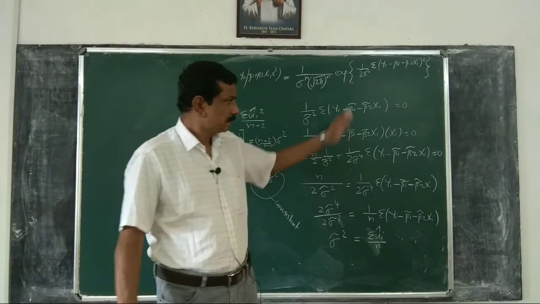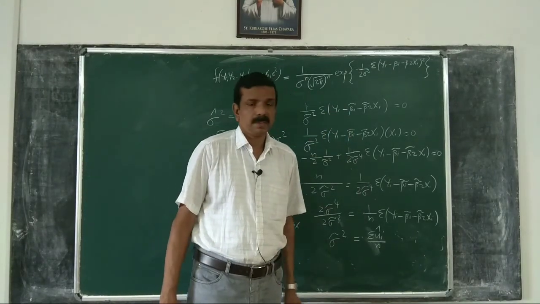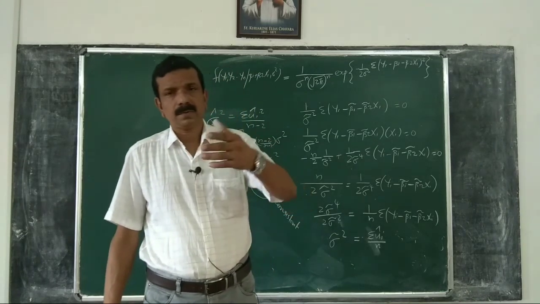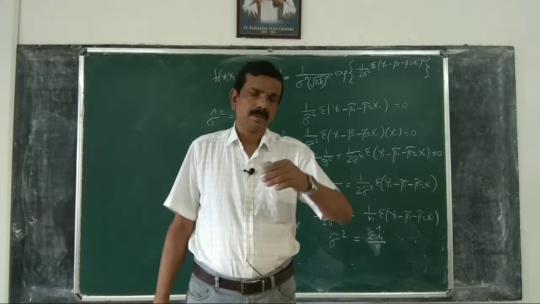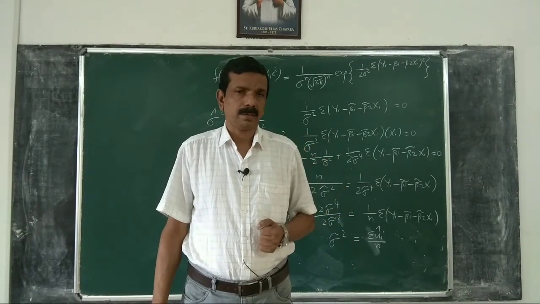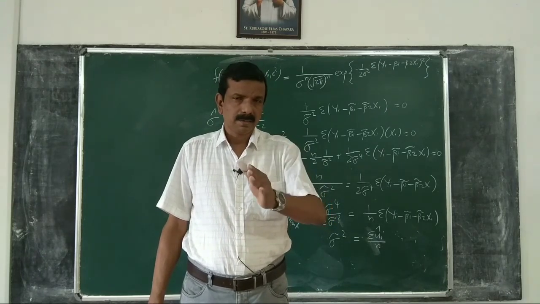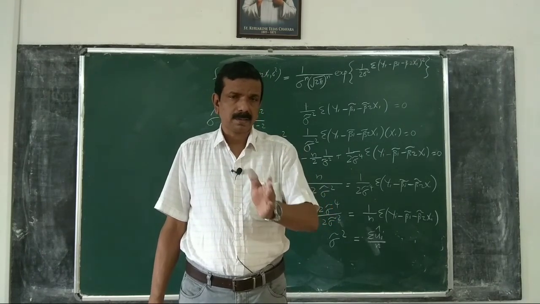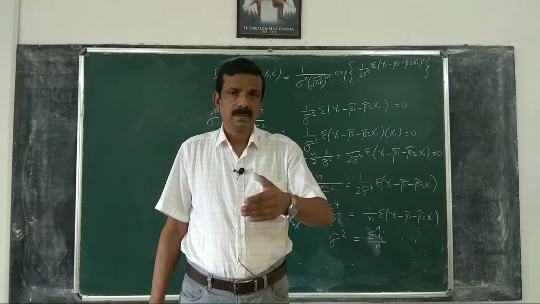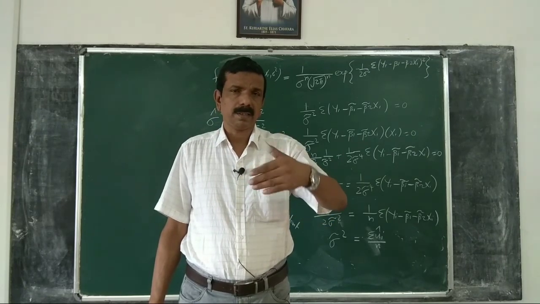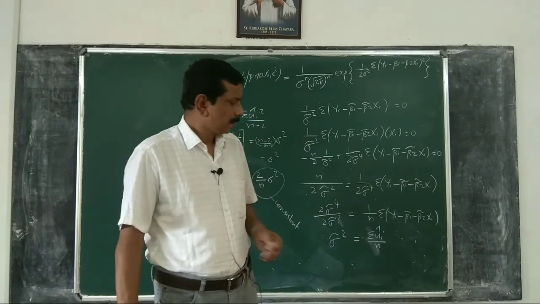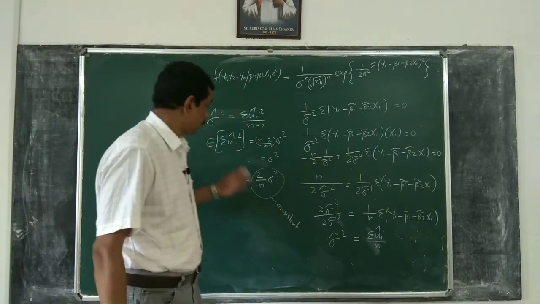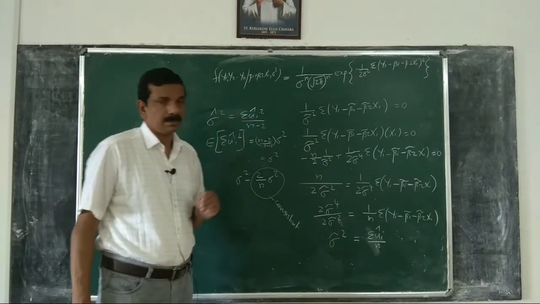So this is the ML estimator of the 2 variable model. This is true for the 3 variable model also, and also for the general K variable model. So the ML estimator and OLS estimator are the same for 2 variable, 3 variable and general K variable models. The difference is in the case of the estimator of sigma square.